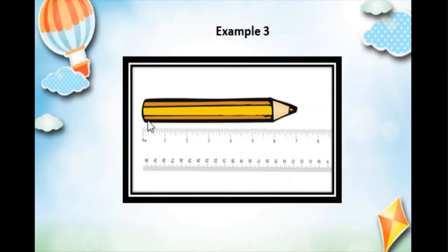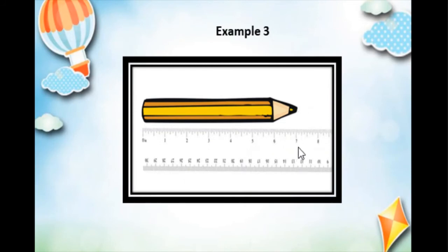Then, let's count until the tip of the pencil. Ready? Okay, let's go. 0, 1, 2, 3, 4, 5, 6, 7. It stopped until the 7th.